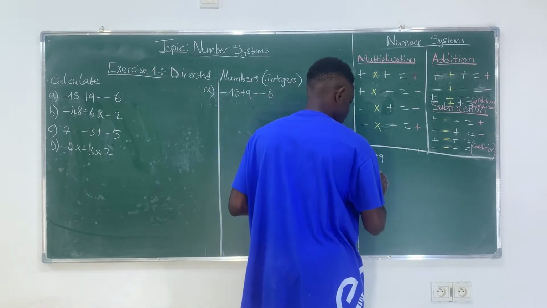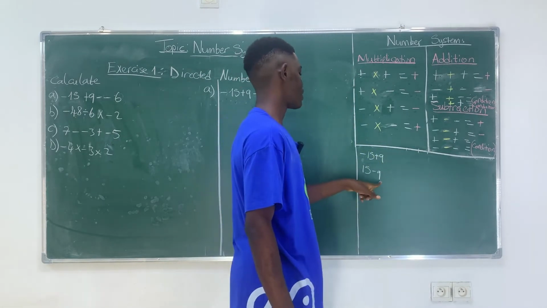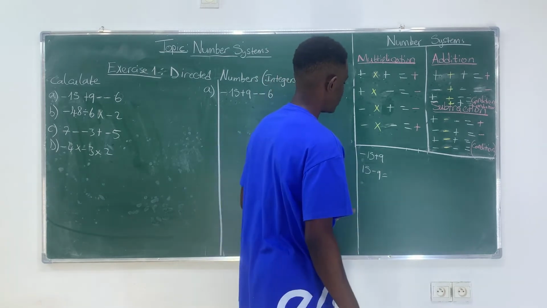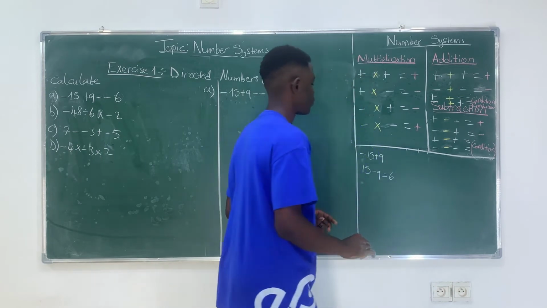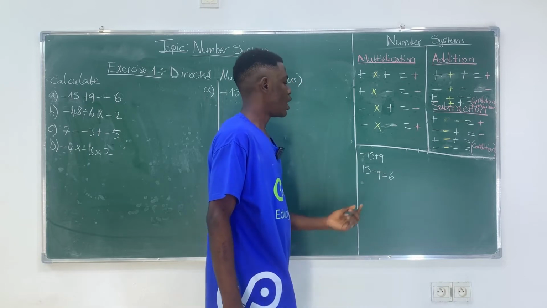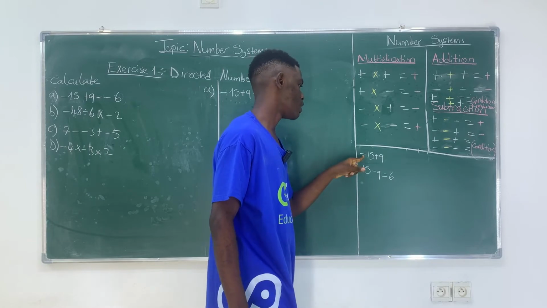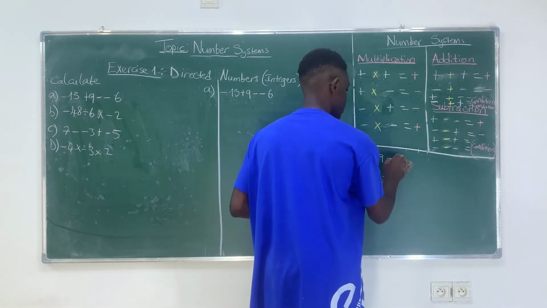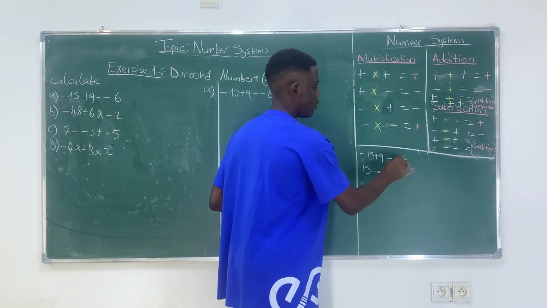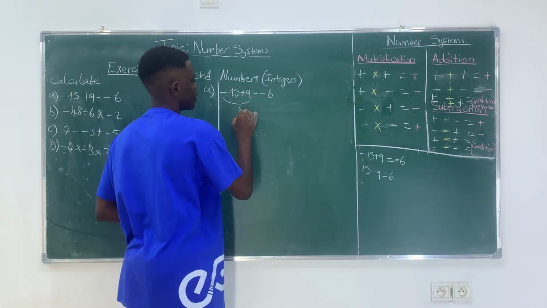You're going to have 15 minus 9, which is 6. The sign of the bigger number is negative, so the answer is minus 6.